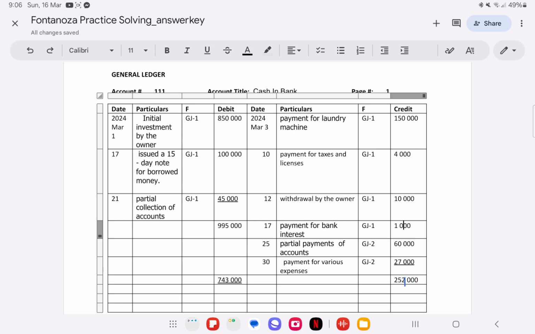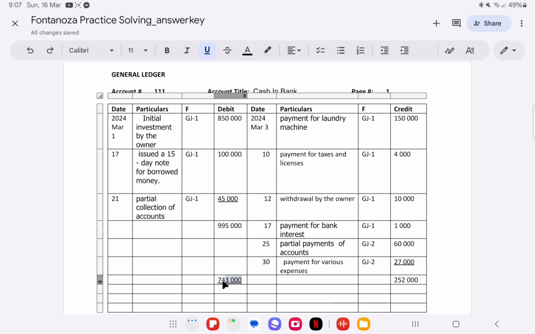This is the time that you should deduct 995,000 and 252,000, because according to the mathematical rule, that's unlike signs, so you should minus, no? Debit and credit are unlike signs, so you minus. And try to remember what the normal balance of cash in bank is. Since the normal balance of cash in bank is an increase in the debit, you should indicate the total balance of the account cash in bank under the debit side.